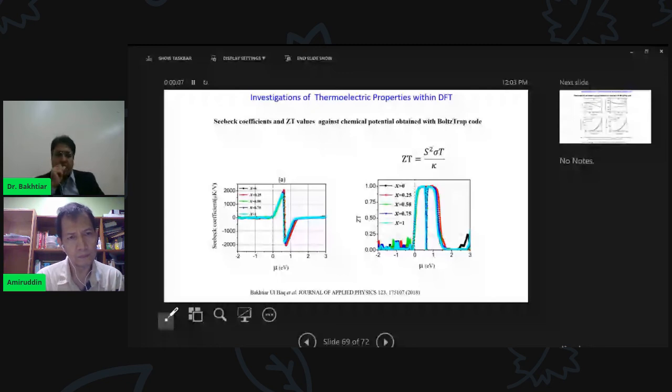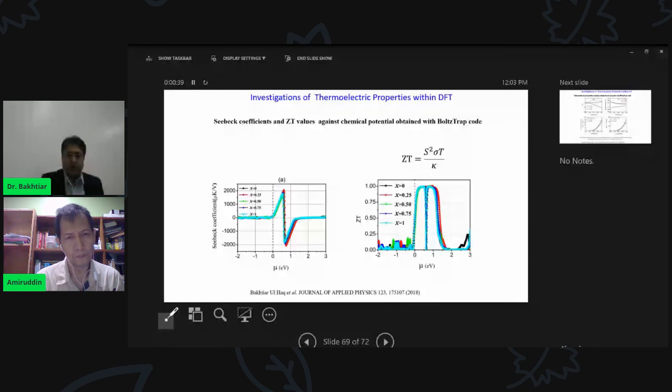Like I said, the phonon band structure is determined using the phonopy code, but the basic input results are obtained from the Wien2K code. So we use the electronic structure results, the energies that are calculated from the Wien2K code, and then we use them in the phonopy code to obtain the results for the thermodynamic stability.